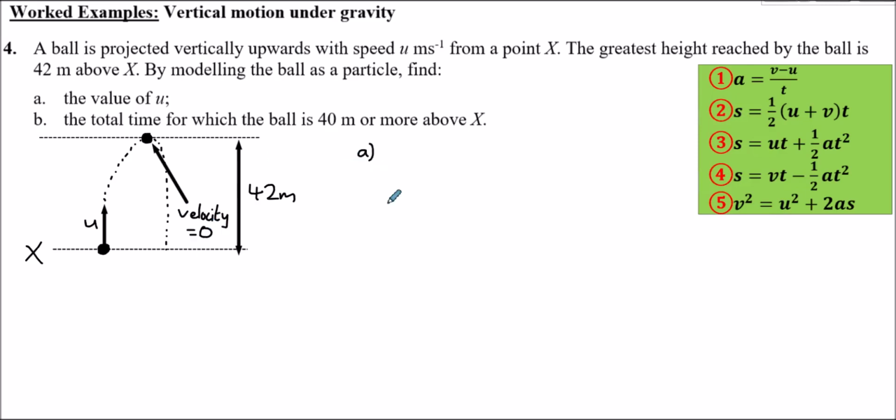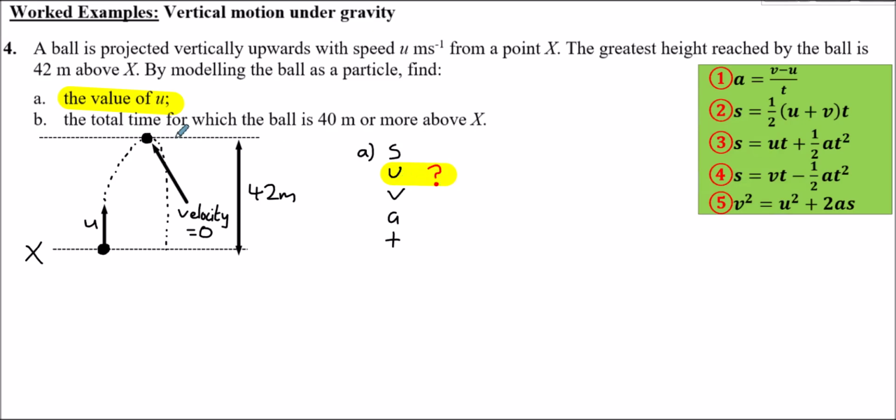So for part A, we need to work out the value of u. So let's just write down what we know in terms of SUVAT. So u is what we want to find. I'm just going to put a question mark next to u to clarify that that's what we're wanting to find out.